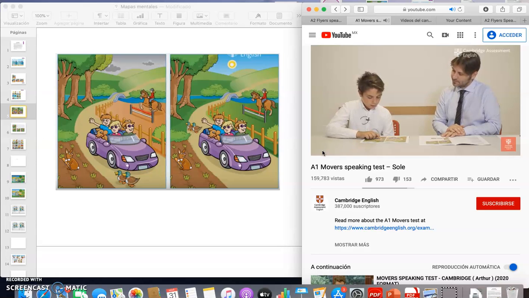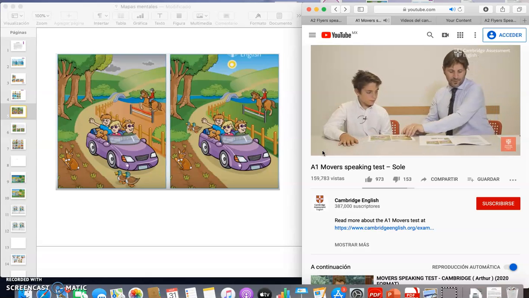And in the first picture there are two ducks near the car, but in the second picture the two ducks aren't near the car. Very good, Sole.